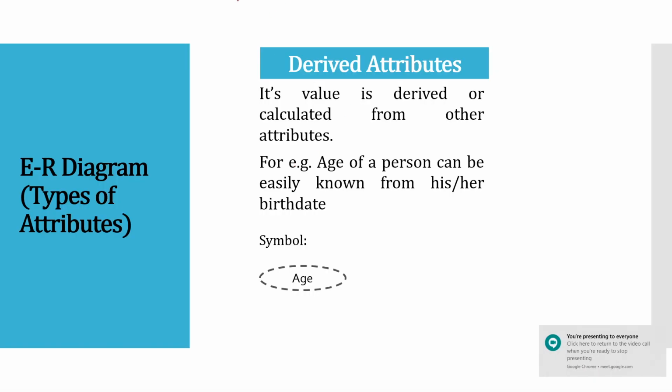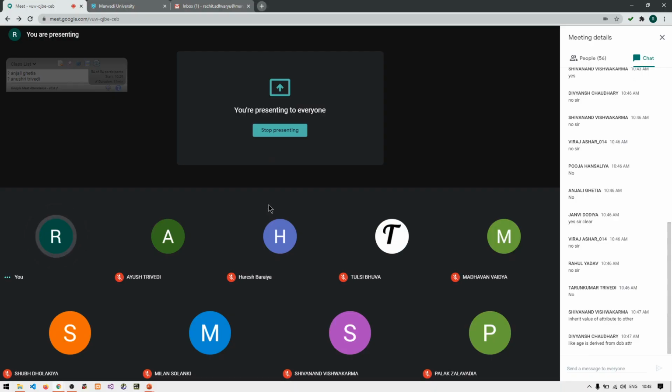So derived attribute means its value is calculated or derived from the other attribute. For example, age of a person can be easily known from his or her birth date. Similarly, if my birth date is, let us say, 12th of December 1988, right? Then what will be my age? It will be around 33 or 32, right?